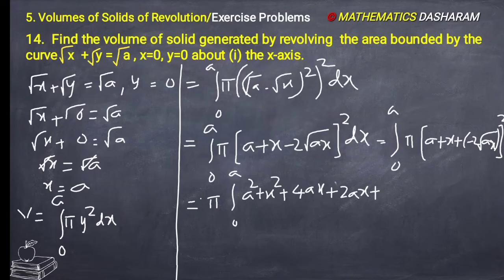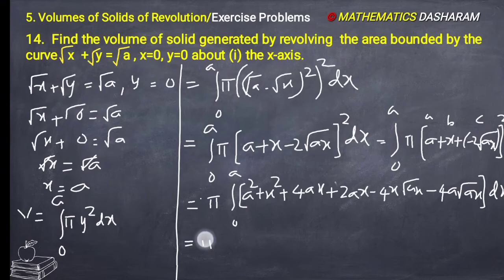This is a, this is b, this is c. 2bc means 2 into minus 2, minus 4, so minus 4x into under root ax. 2ca means minus 4a into under root ax, whole dx.